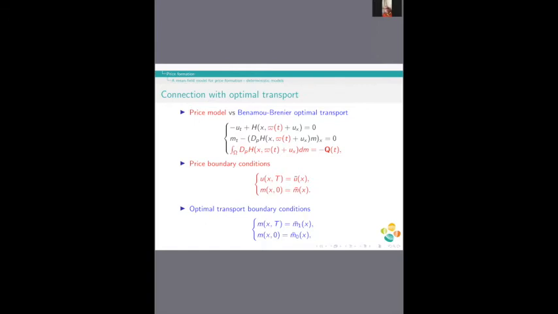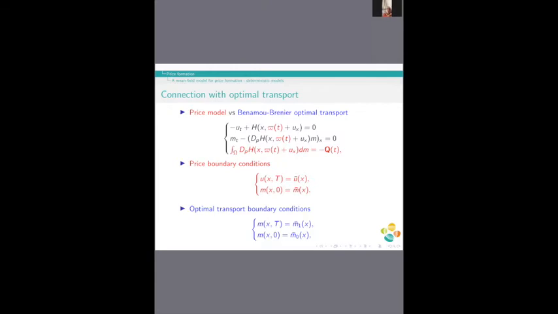Now, if you have seen optimal transport, you'll see that actually this model is very similar to the Benamou-Brenier formulation of optimal transport. And I put here the price model in red. So black and red are the price model, and black and blue are the Benamou-Brenier optimal transport formulation.